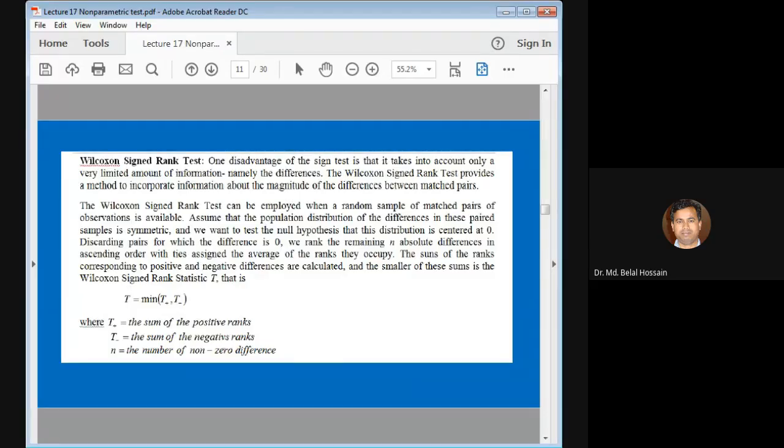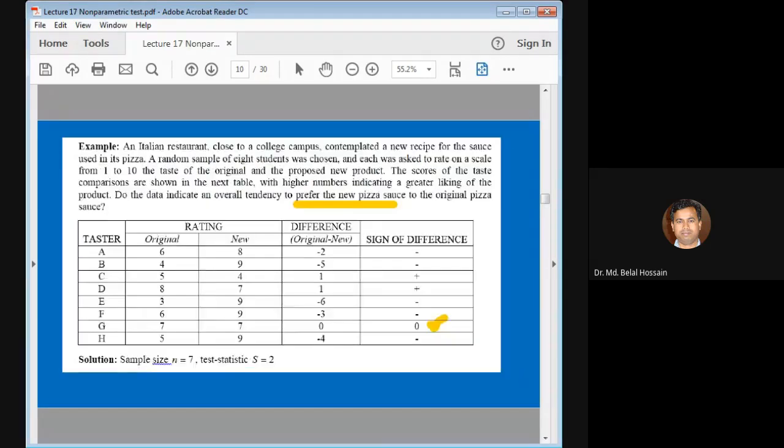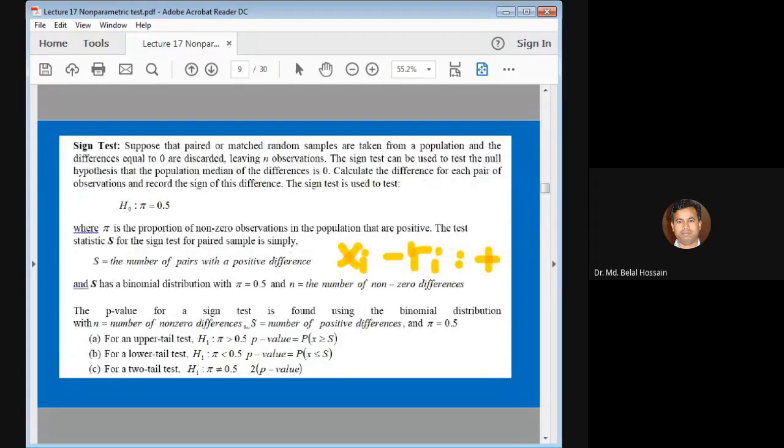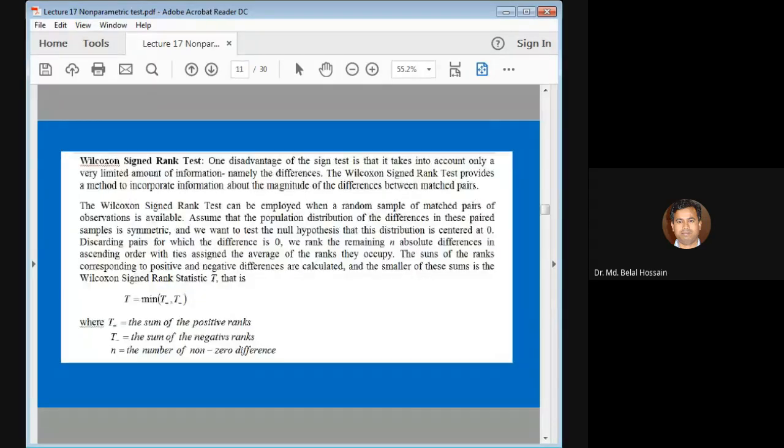Okay, one disadvantage of the sign test is that it takes into account only a very limited amount of information, namely the differences. The Wilcoxon sign rank test provides a method to incorporate information about the magnitude of the differences between matched pairs. The sign test is an old fashioned method, and its upgraded version is the Wilcoxon sign rank test.